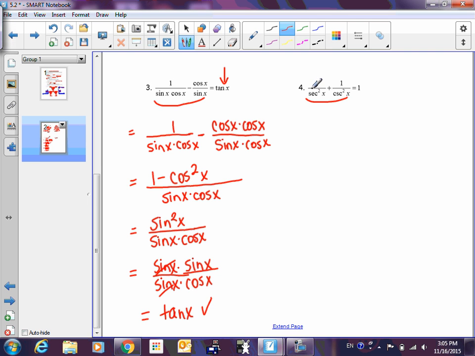It starts with an R. Reciprocal. So 1 divided by secant squared x, let's just ignore the squared for a moment. What's the reciprocal of 1 divided by secant? Cosine. So 1 divided by secant squared is cosine squared.